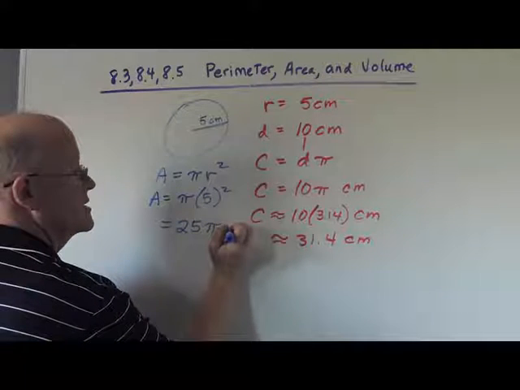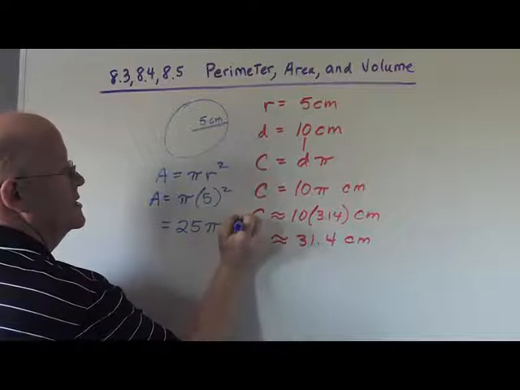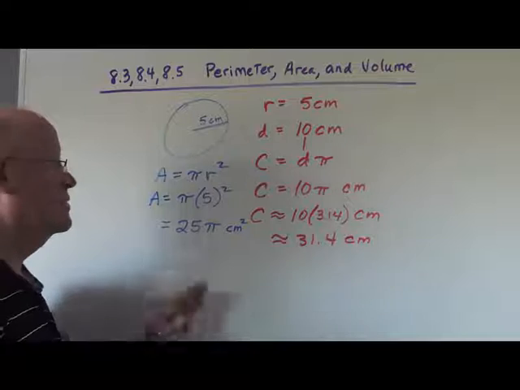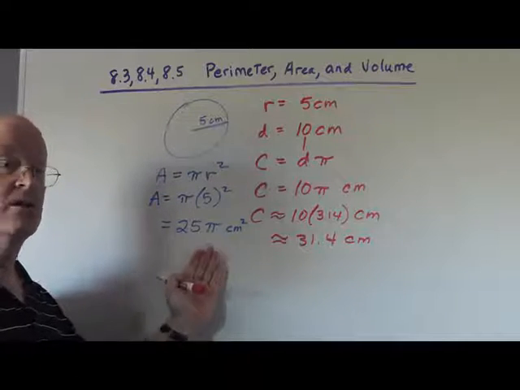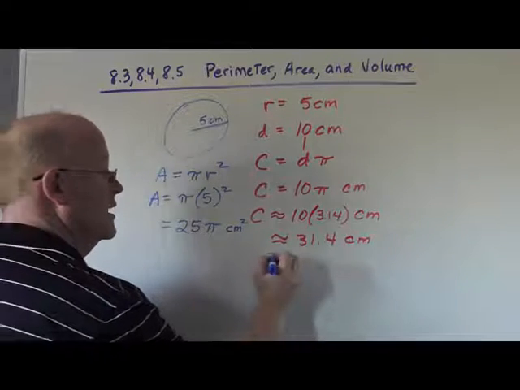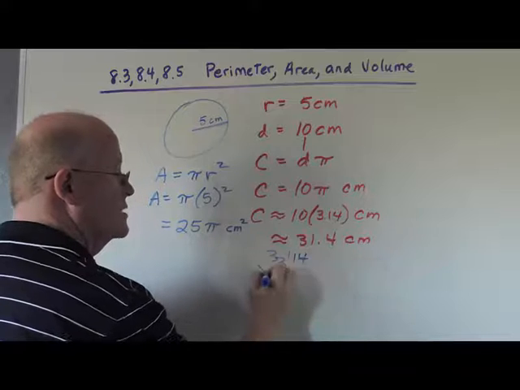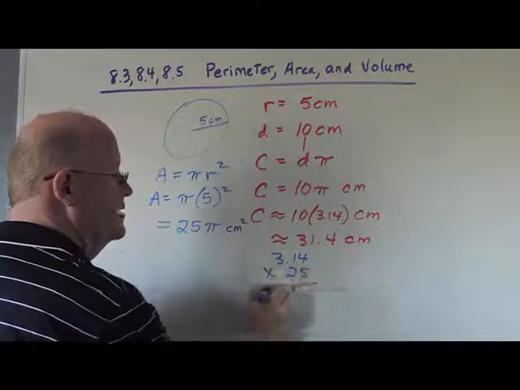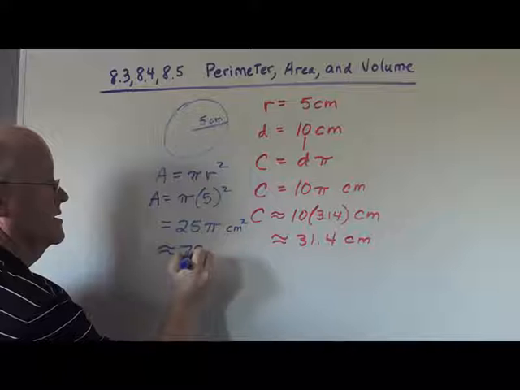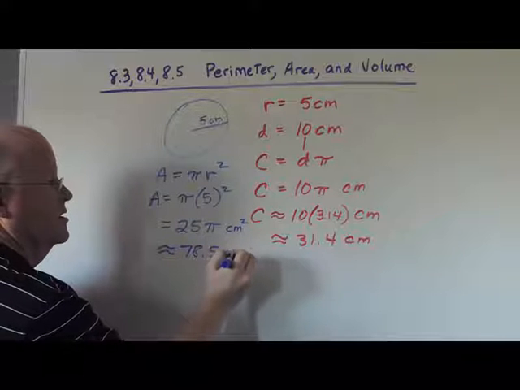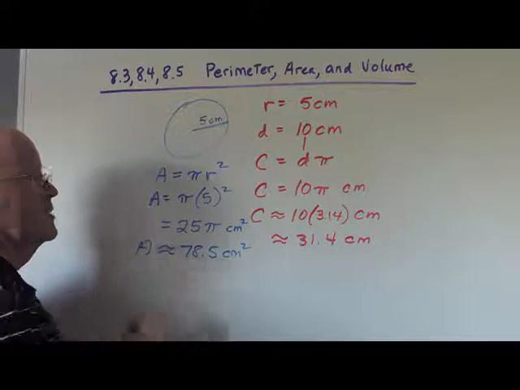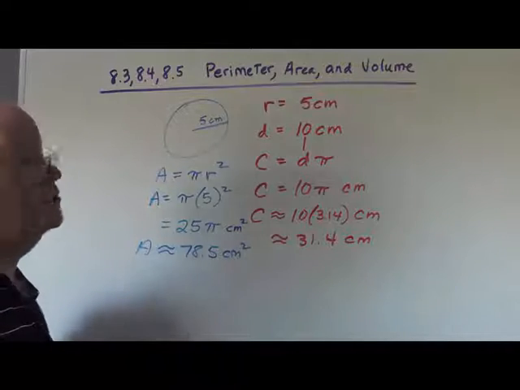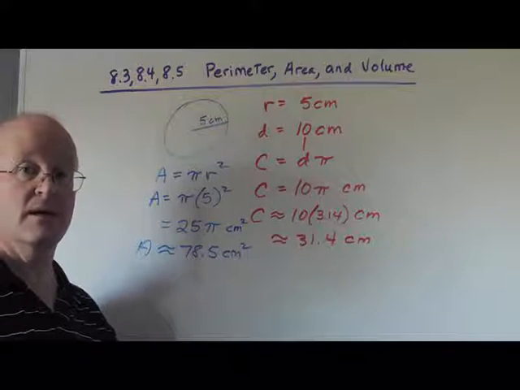Now this would be the exact area measured in square centimeters, but if we wanted to find an approximation, we'd actually have to multiply 3.14 times 25, which would be approximately 78.5 square centimeters for the area. You'd actually have to multiply that out by hand or use a calculator.